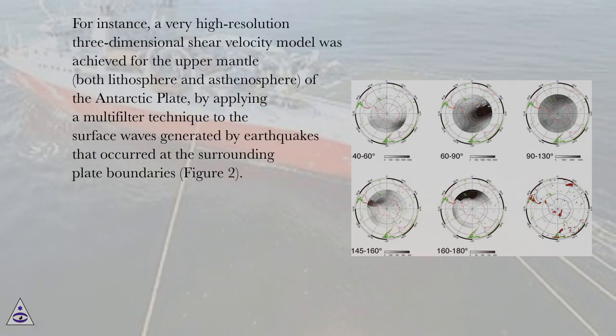For instance, a very high-resolution three-dimensional shear velocity model was achieved for the upper mantle, both lithosphere and asthenosphere, of the Antarctic plate, by applying a multifilter technique to the surface waves generated by earthquakes that occurred at the surrounding plate boundaries, Figure 2.